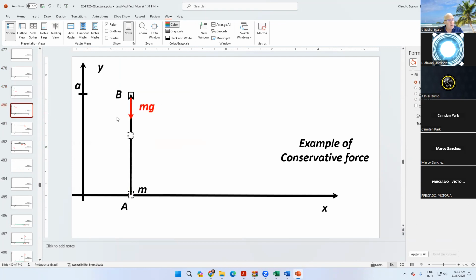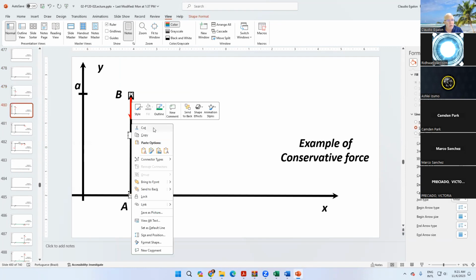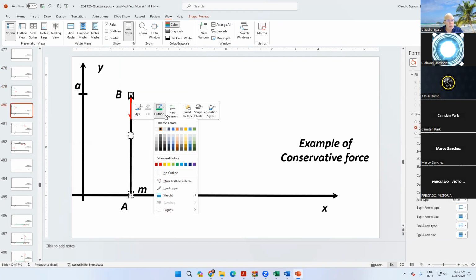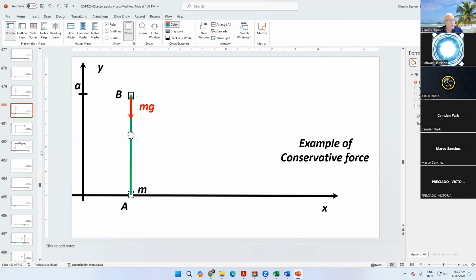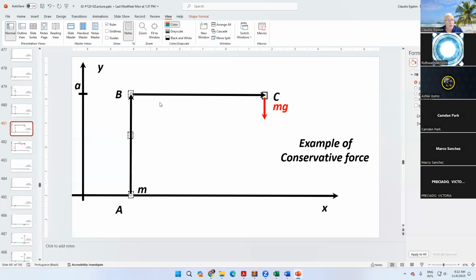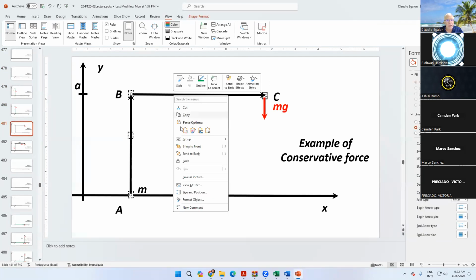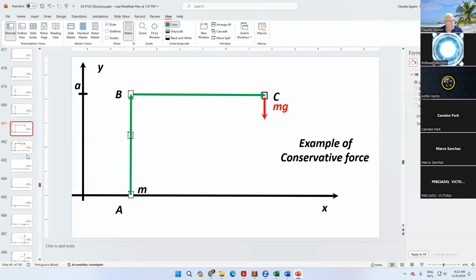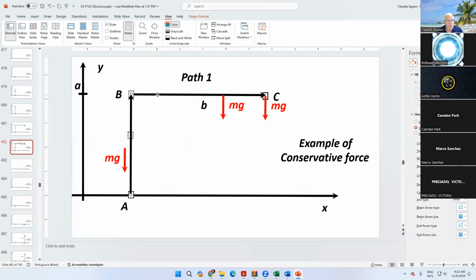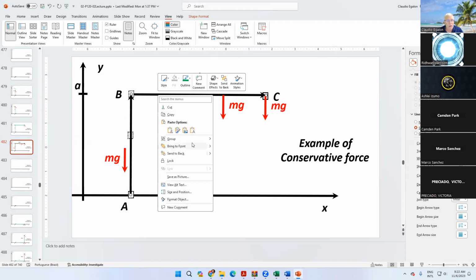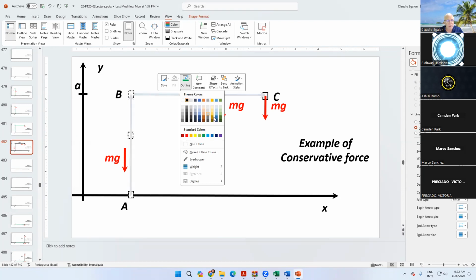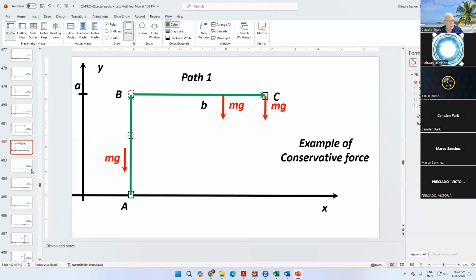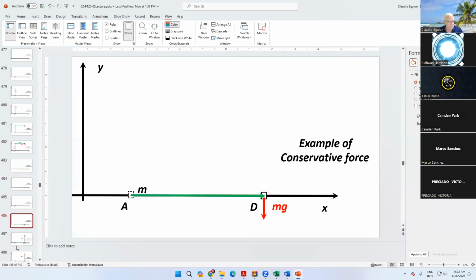This one is going to be green, green, and green, to make it consistent with the colors that we have for the second path.